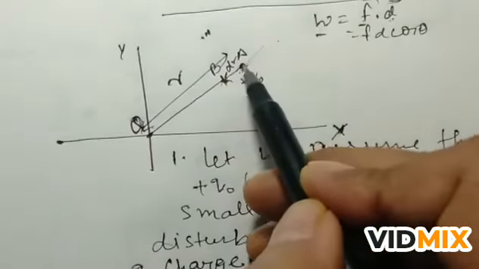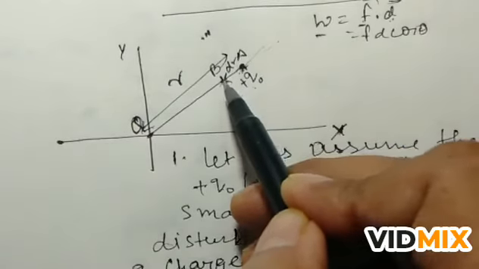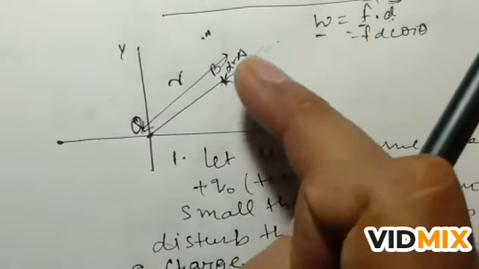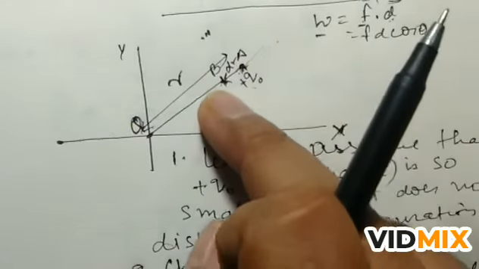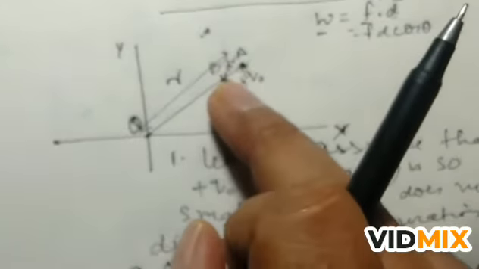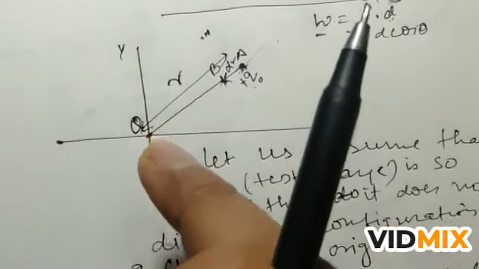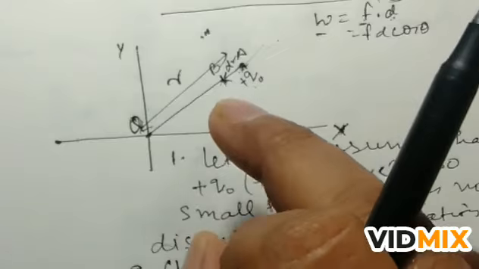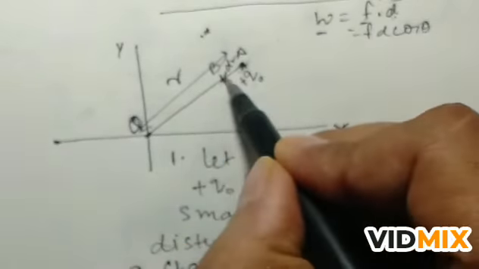Clear? So whatever force is applied on this charge to bring it from A to B, a small amount of work is done there. That work is stored in the form of potential energy, and when the charge is left by the external force, the force of repulsion, which is away from the source charge, will act, and this stored potential energy at B is used to provide kinetic energy.